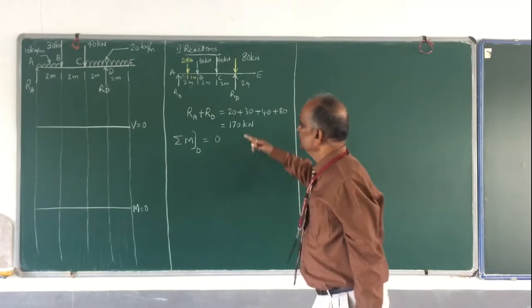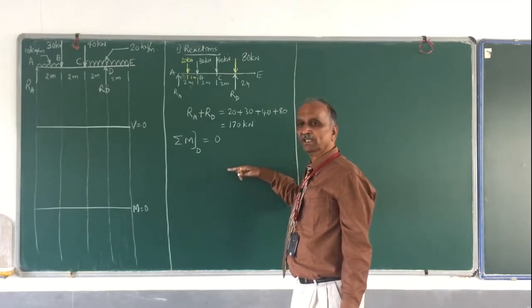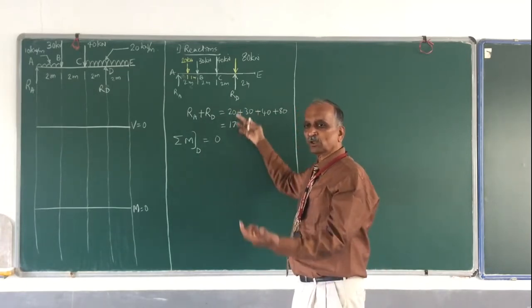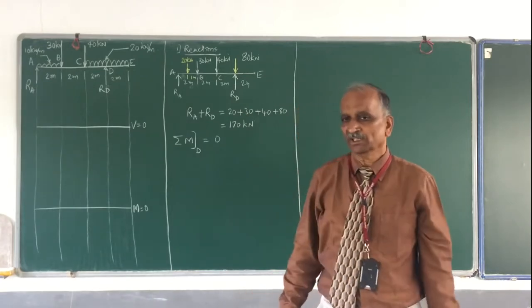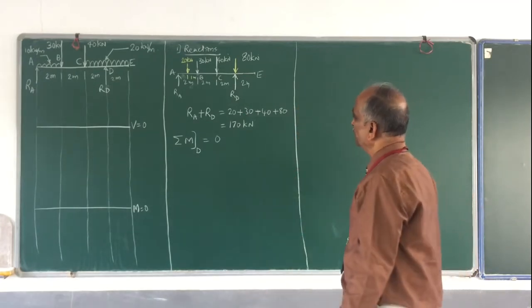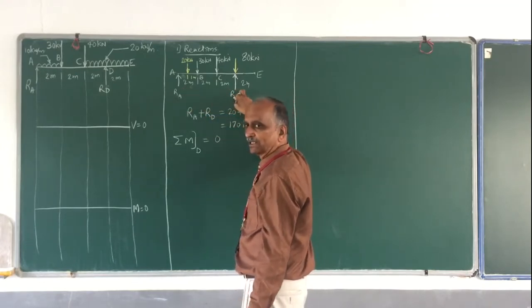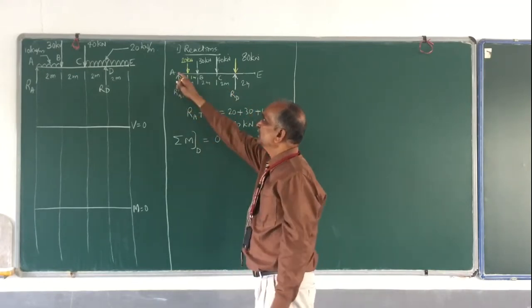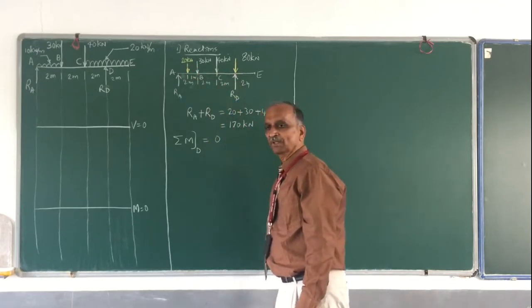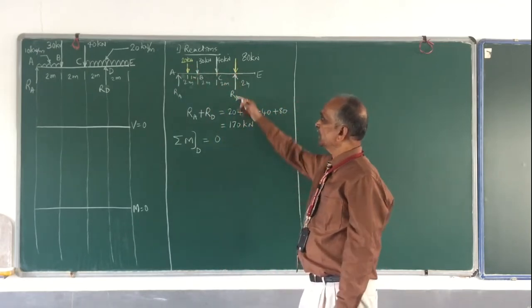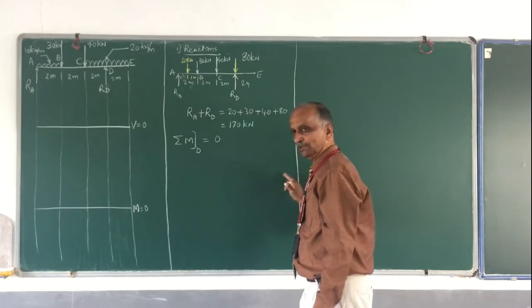You will get one more equation in terms of RA and RD, then solve them simultaneously, then you may get it. So to make one of the moments 0, either due to RA or RD, you choose moment about either A or D. I am taking about D so that RD will not be there in my expression.